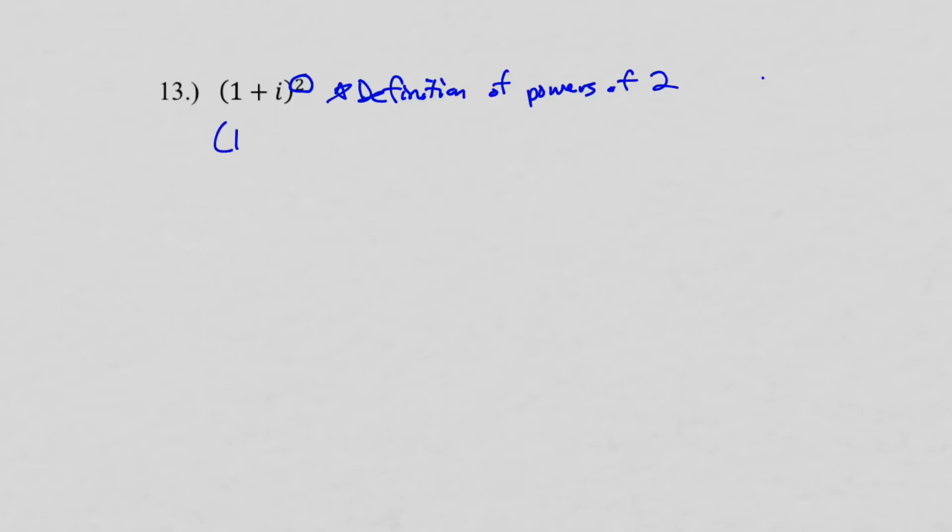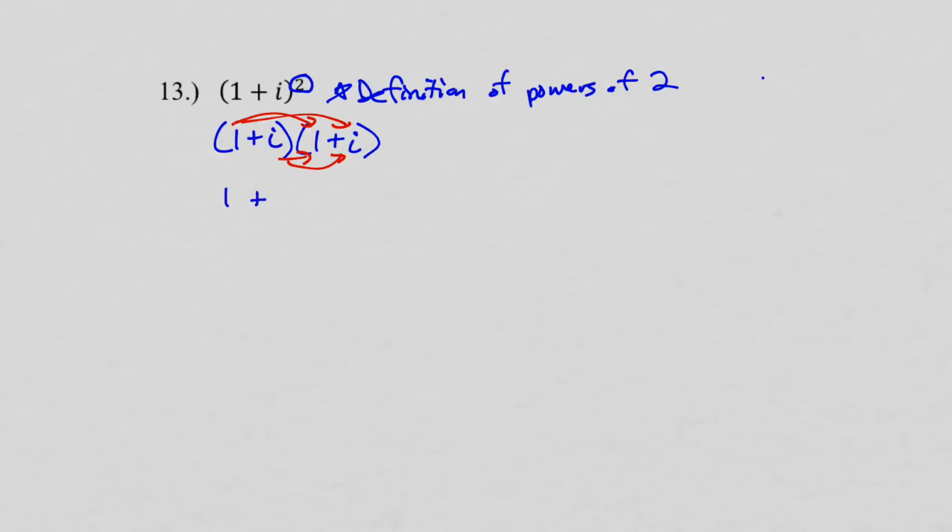So basically this is 1 plus i and another 1 plus i multiplied together. So we're going to go ahead and do our distribution of our 4 terms there.